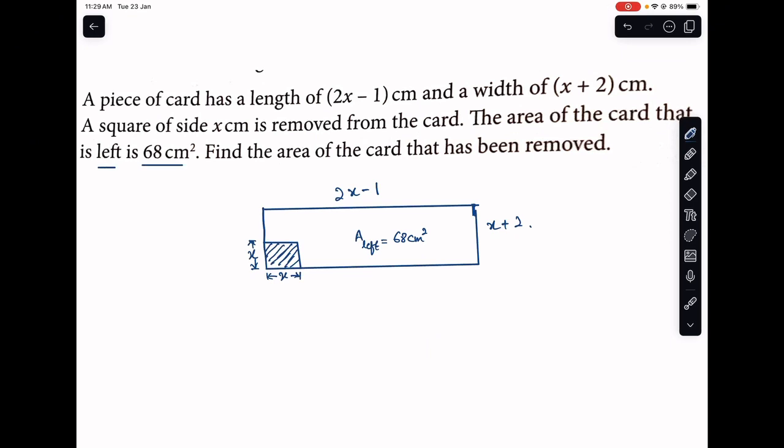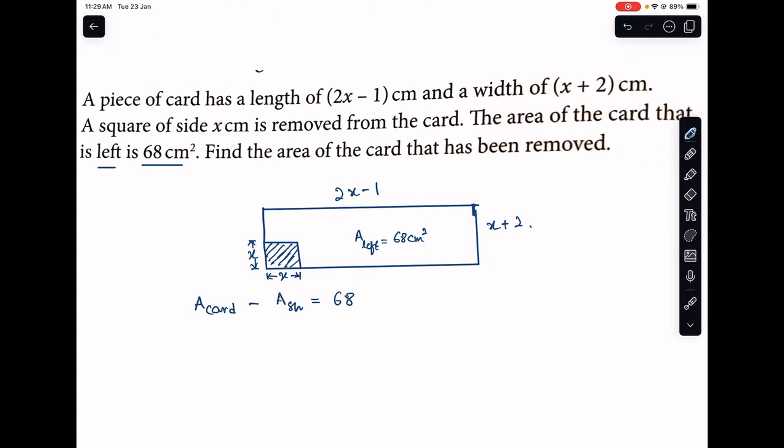So the unshaded area in the diagram is the area which is left, which is 68 centimeters square. Now, the question tells us that the area of the card minus the area of the shaded region, the square which I have removed, will give me the area which is left, and that is going to be 68 centimeters square.